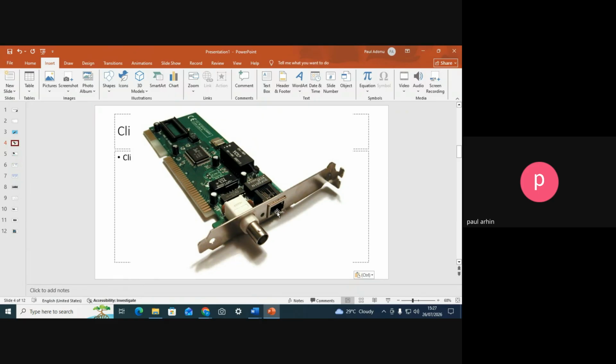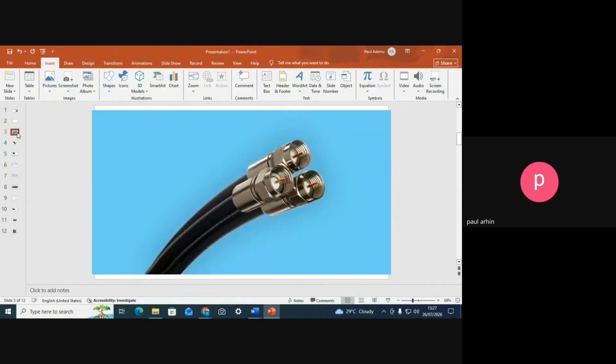What else may you have? The other ports like the RJ45. There's a port here, and this one is the other one. So this was a real way by which we were connecting internet directly to a system, by this particular cable called the coaxial cable. They are very powerful and with much strength.